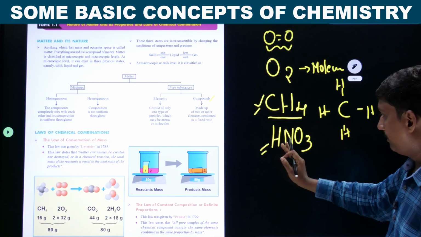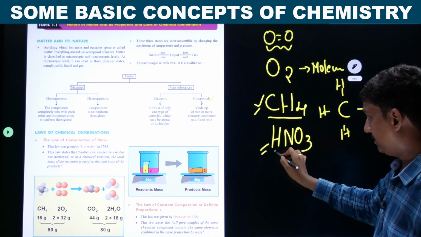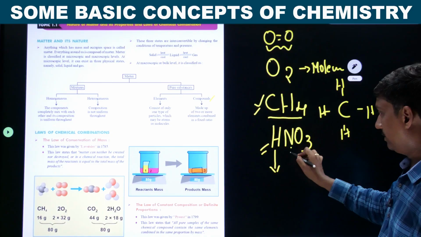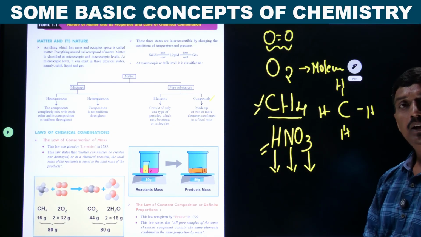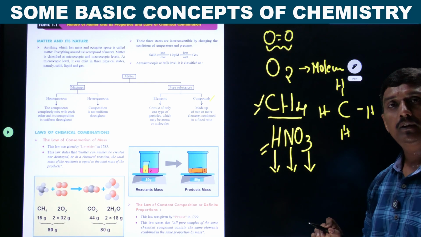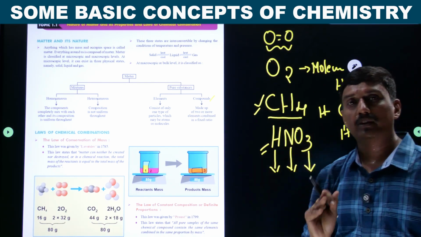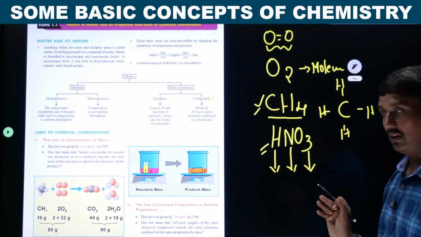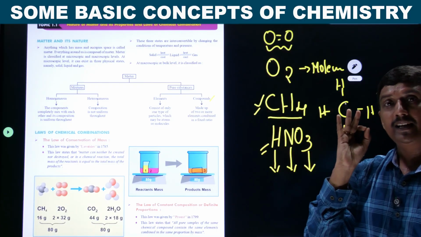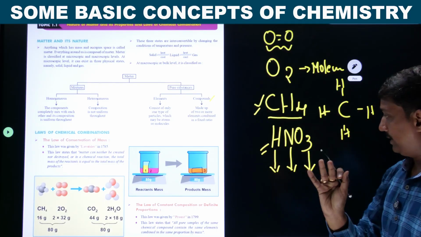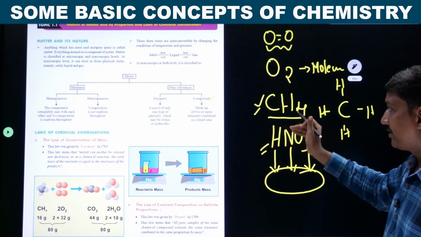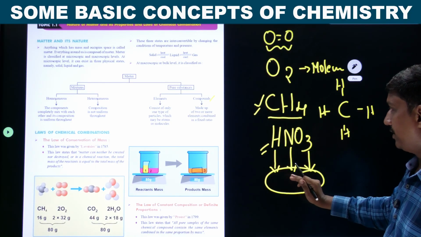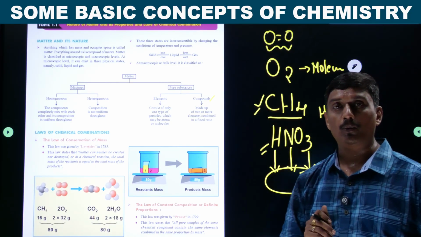Looking at this symbolic representation, this is hydrogen. This is nitrogen. This is oxygen. Hydrogen is one element. Nitrogen is another element. Oxygen is another element. So there are three different elements which are combined in a fixed ratio to give a compound.